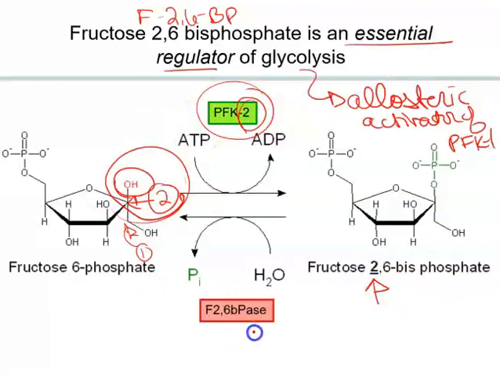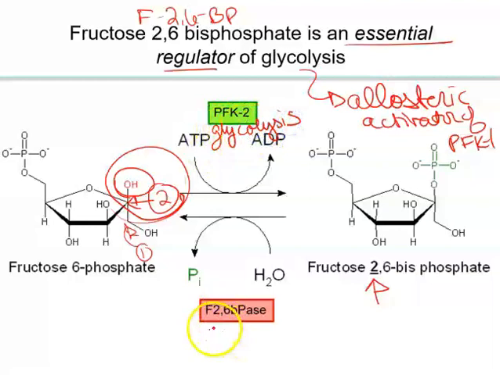Now, to get rid of fructose 2,6-bisphosphate, there's an enzyme called fructose 2,6-bisphosphatase, which removes a phosphate and will deplete the level of fructose 2,6-bisphosphate. Phosphofructokinase 2 is active when we need to run glycolysis.